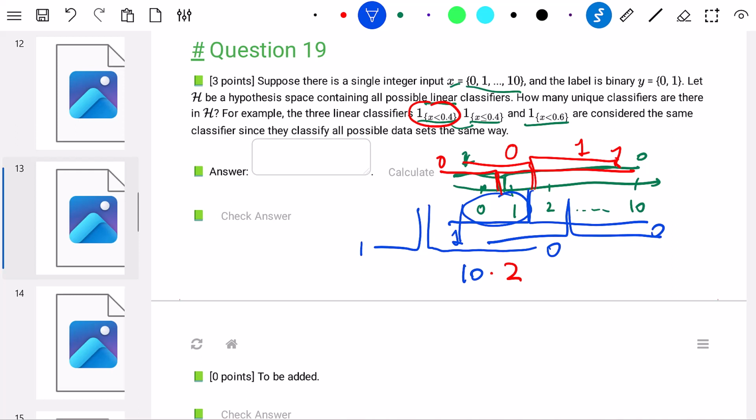So in that case, we can have a classifier that classifies everything as 0, and similarly we can classify everything as 1. We can say if the number is less than, say, 11, then we classify it as 1, otherwise we classify it as 0. So we have 2 of these, so there is a total of 22.